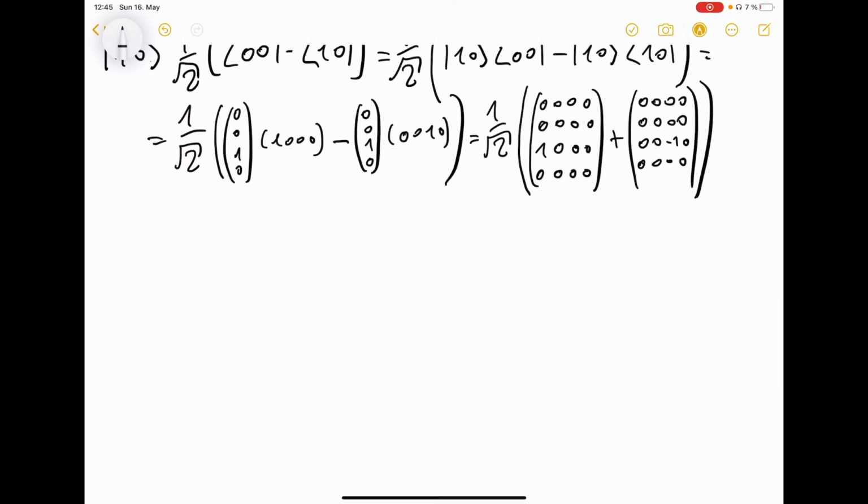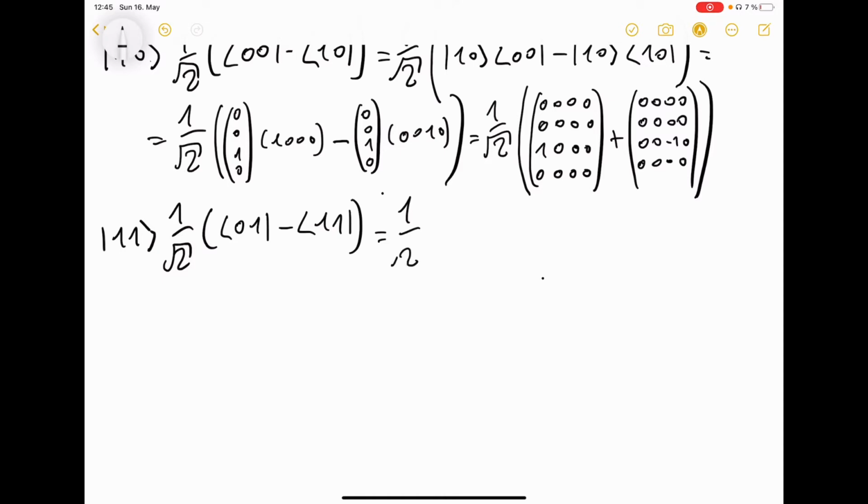starting with our input state, which is 1, 1 in that case, taking our target state, again looking at the ket, which is 0, 1, minus 1, 1, leaving us with 1 over the square root of 2, 1, 1, 0, 1, minus 1, 1, and 1, 1.